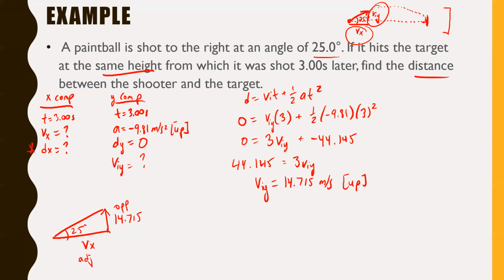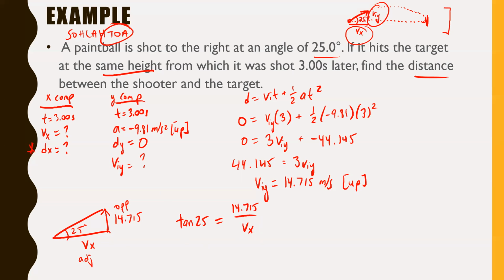If you think back to trigonometry, SOHCAHTOA, if you have opposite and adjacent, we're going to have to use tan. So tan 25 equals the opposite side, 14.715, divided by the adjacent side, which is Vx. To solve for Vx, we multiply by Vx and then divide by tan 25.